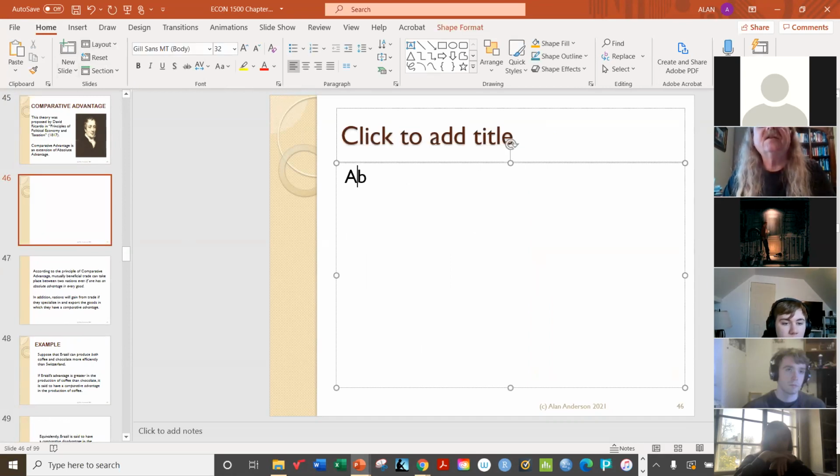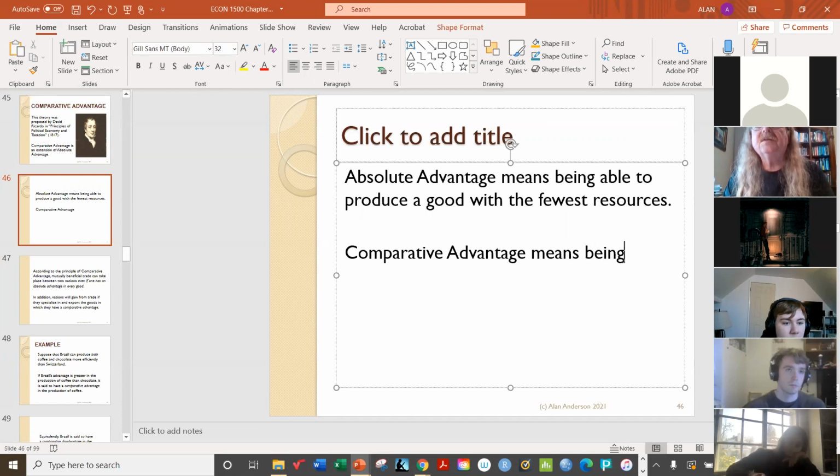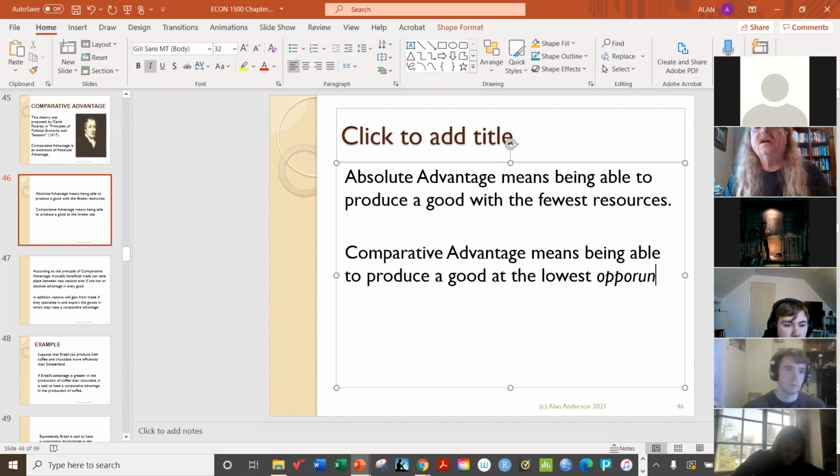Absolute advantage means being able to produce a good with the fewest resources. Comparative advantage is slightly different. Comparative advantage means being able to produce a good at the lowest opportunity cost. Okay, that's the key distinction between the two.